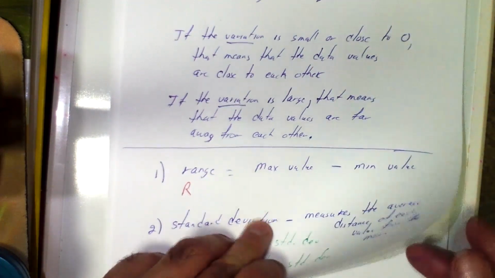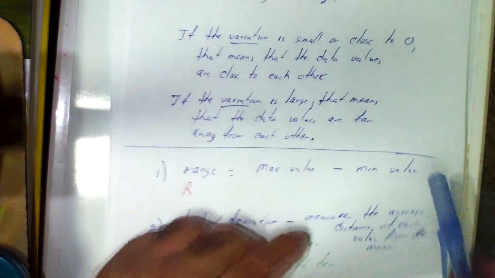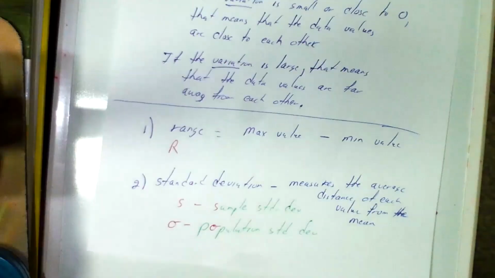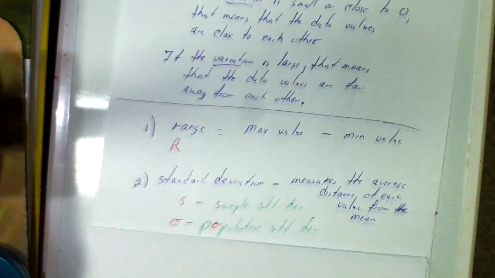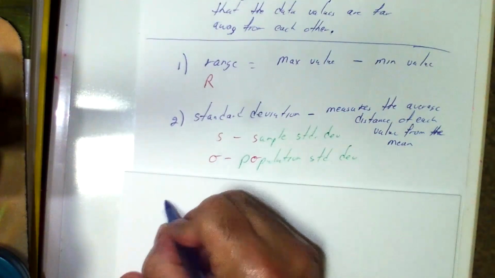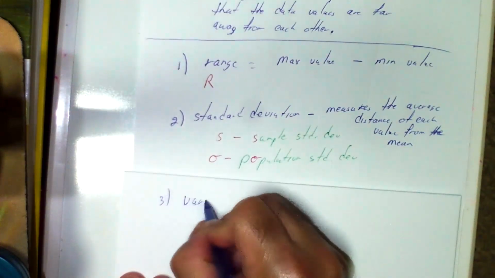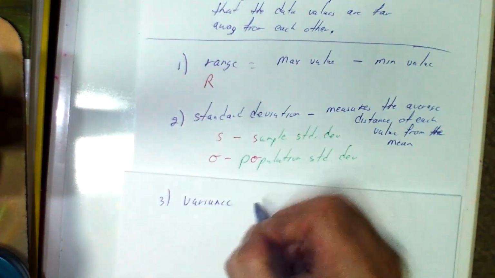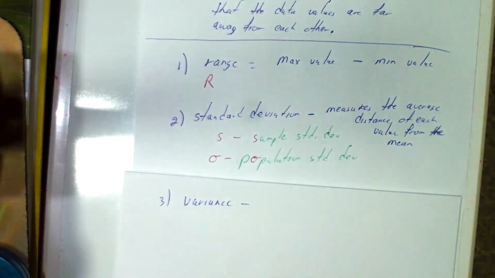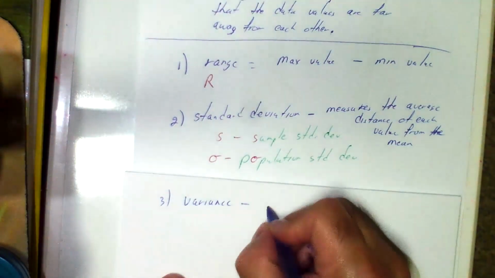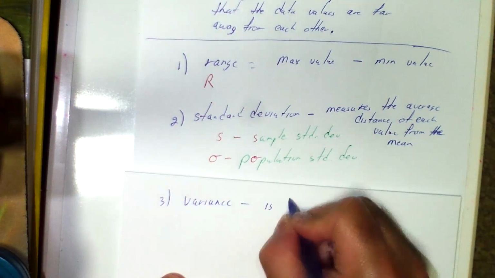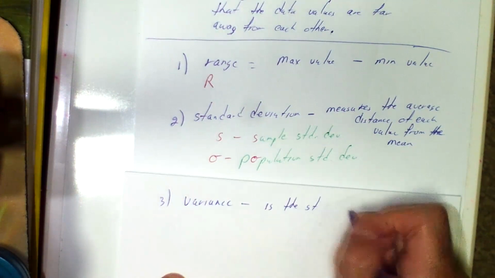And the third one is called the variance. Variance is pretty much the standard deviation squared.